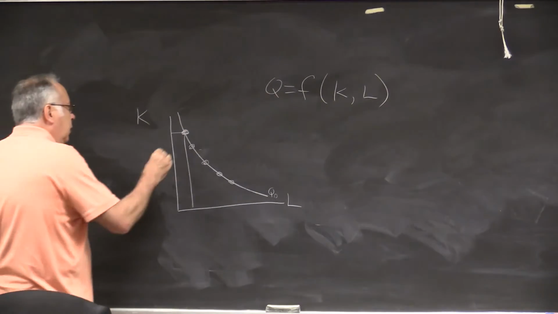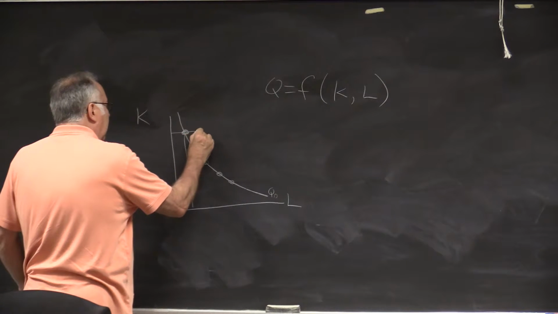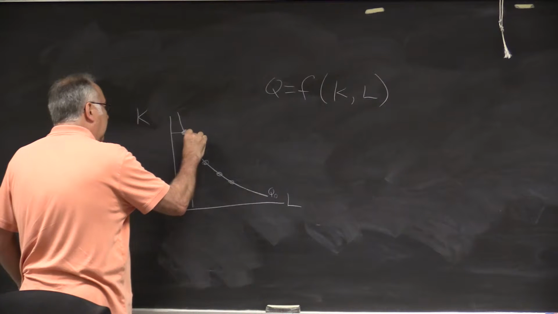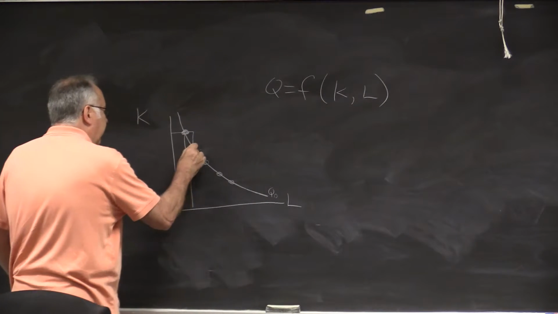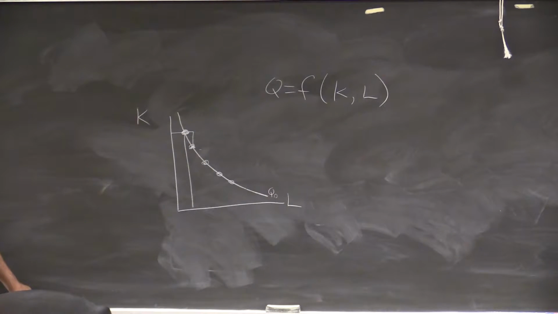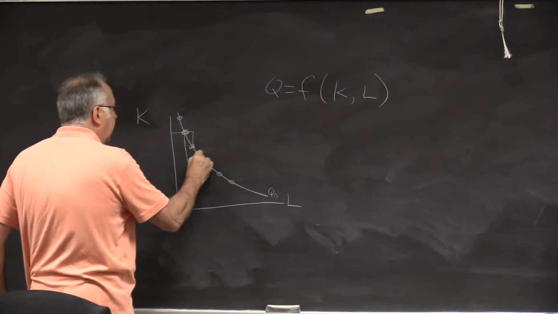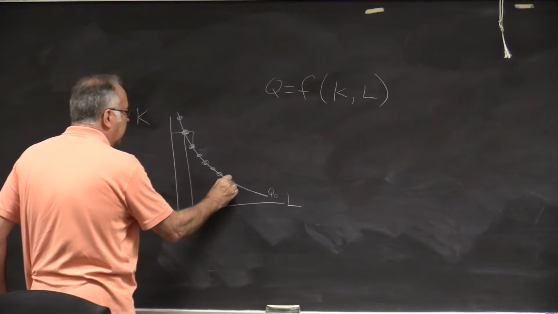Now, if you use a little more labor, then you could use less capital and produce the same output. We're assuming the marginal product of labor and the marginal product of capital is always positive. So the curve has to have a negative slope. And if you map out all the points along this curve, that's called a production isoquant.